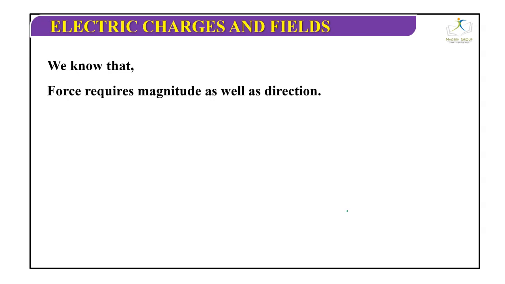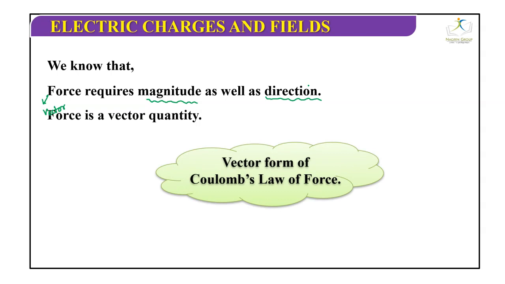So we know that force requires magnitude as well as direction. Why? The answer is that force is a vector quantity. That's why it needs both magnitude as well as direction. Hope I'm clear. So force is a vector quantity, and what is the vector form of Coulomb's law of force?